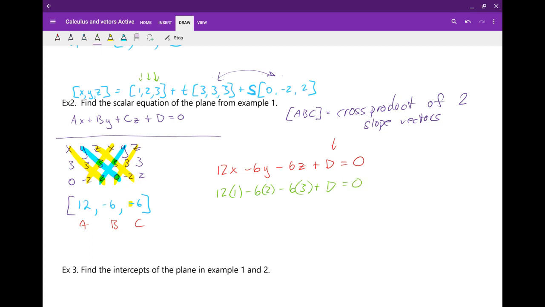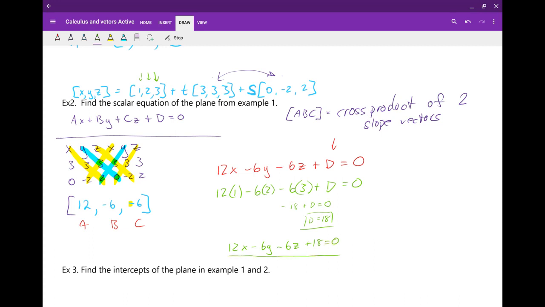And there we have it. We've got 12 minus 18, and I add, so I'm getting a -18 plus d equals 0. I'm getting d equals 18. And here's my plane, 12x minus 6y minus 6z plus 18 equals 0.